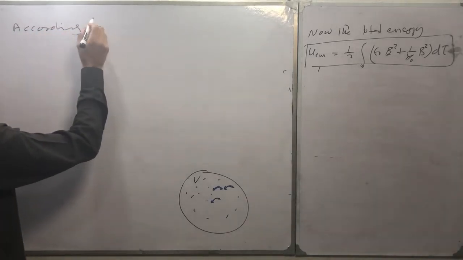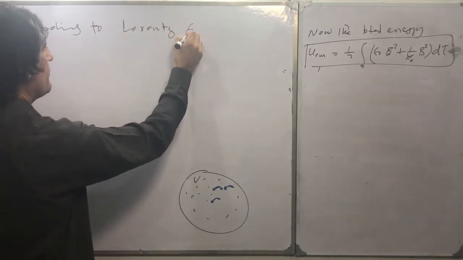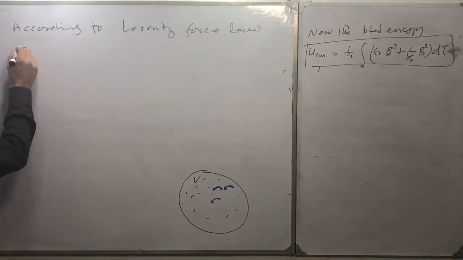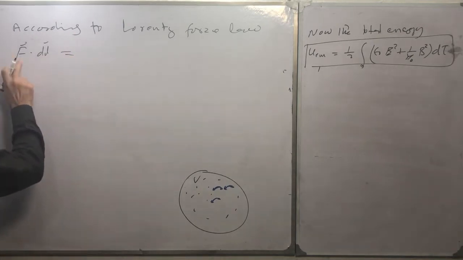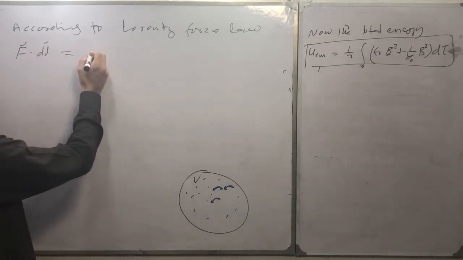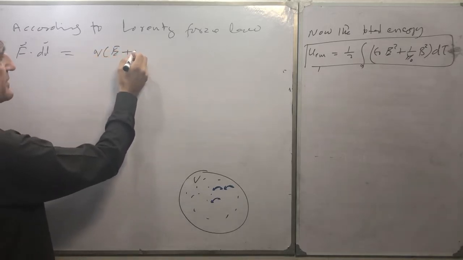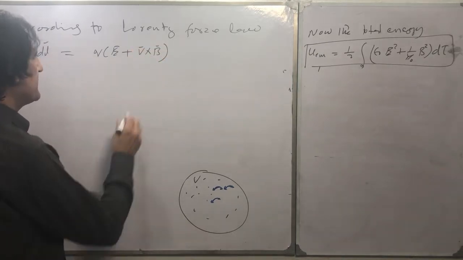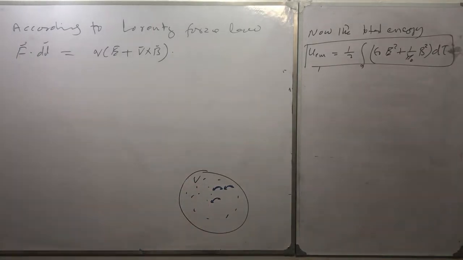According to the Lorentz force law, F dot dl, where the Lorentz force is q into E plus v cross B, dot dl, which is the displacement of the charge from one point to another.